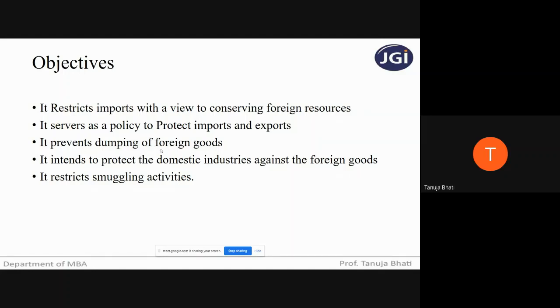In India it is 200, and 250 rupees is the cost just to import the goods. So what people will start doing, they'll stop importing the goods and they will start using the Indian products. That is why custom duty comes into the picture.